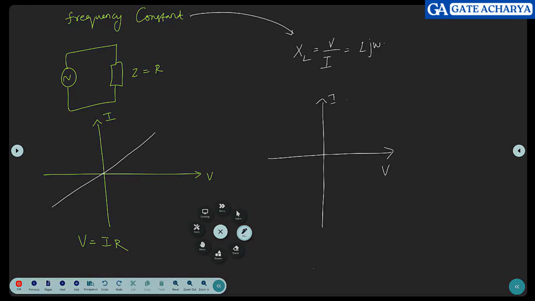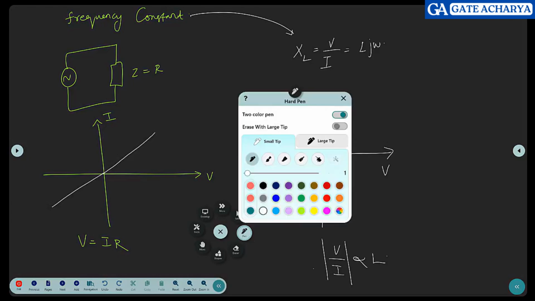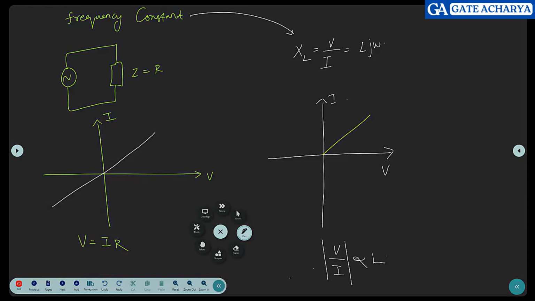When the frequency is constant, V and I are related by V by I, which is what? I'm interested only in the magnitude. It will be L, because omega is constant. L is also a constant. So V and I will be directly proportional, and my graph will look like this.